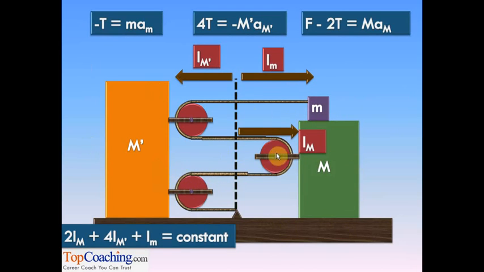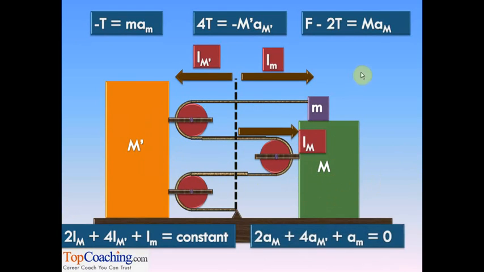There is no doubt about it. This length is 2L capital M here, this length is 2Lm dash here, this length is also 2Lm dash here, and this length is L small m here. So 2L capital M plus 4Lm dash plus Lm is constant. By double differentiating this equation, we get 2AM plus 4Am dash plus Am equal to 0. This is the constraint equation in this case.